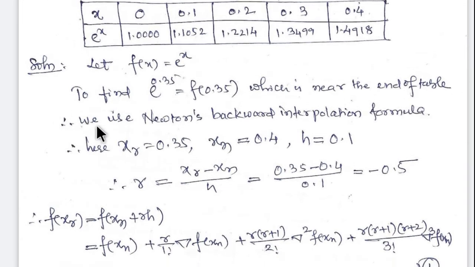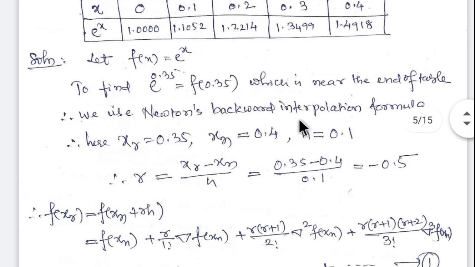Therefore here we use Newton's backward interpolation formula. If the x value lies near the end of the table, you can use Newton's backward interpolation formula. If it lies at the beginning of the table, as in the first example, we have used Newton's forward difference interpolation formula.